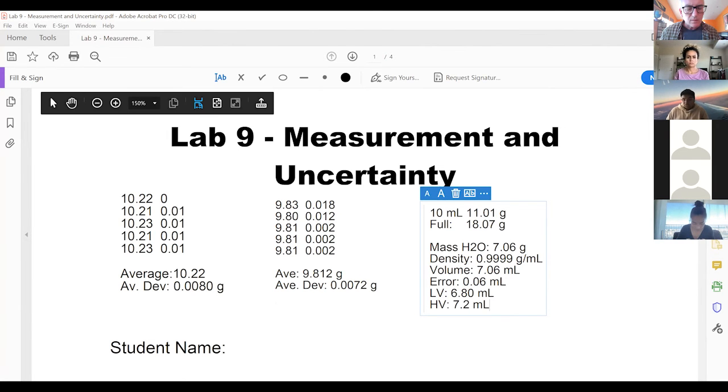Sorry, I'm confused about the volume versus the mass of the water. Where are we?